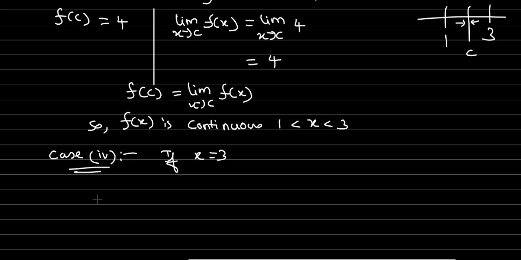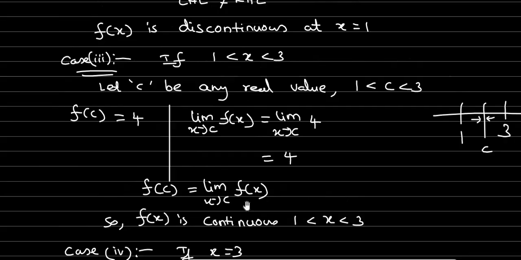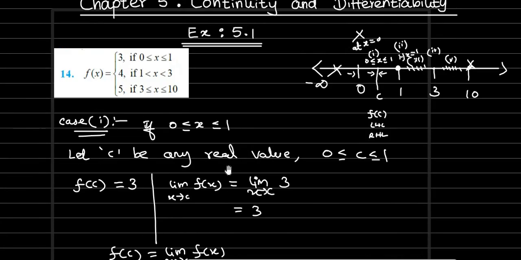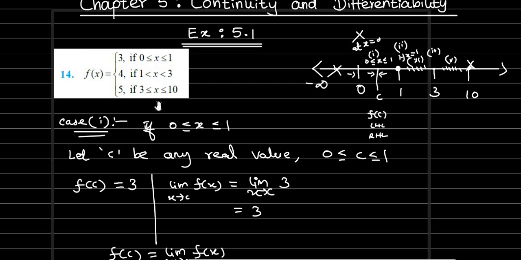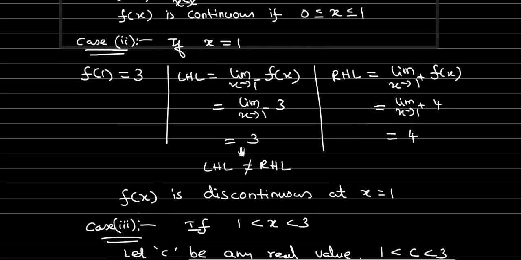Okay, so first let's find f of 3. If x is exactly 3, what is the suitable function? You can notice here there is only a less than symbol, but here it is less than or equal to. So that means this is the suitable function. If x takes exactly 3, if the input is 3, the suitable function is 5. So f of x equal to 5.